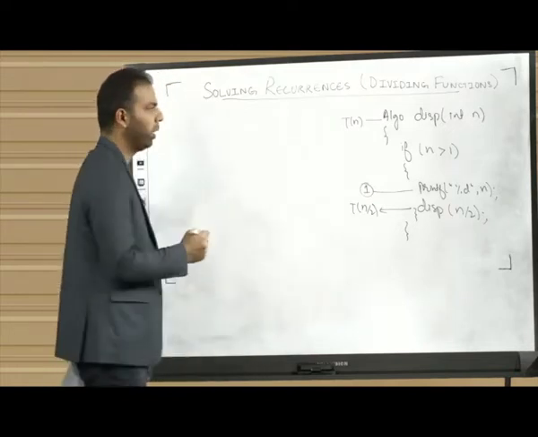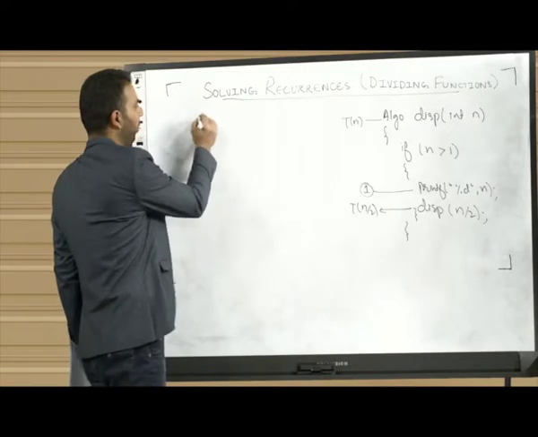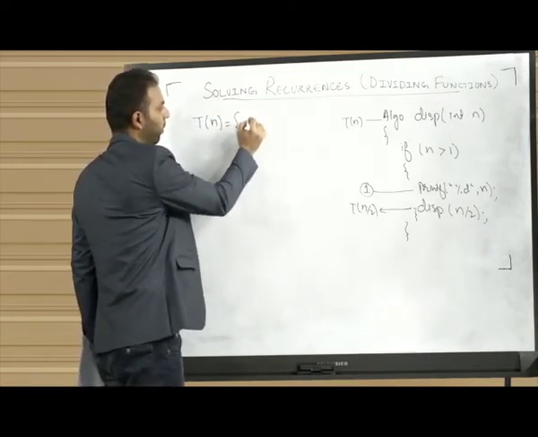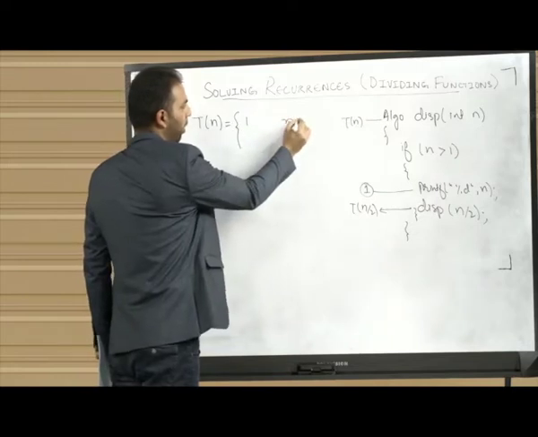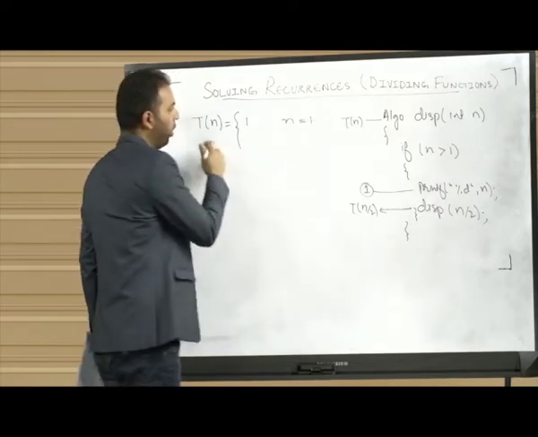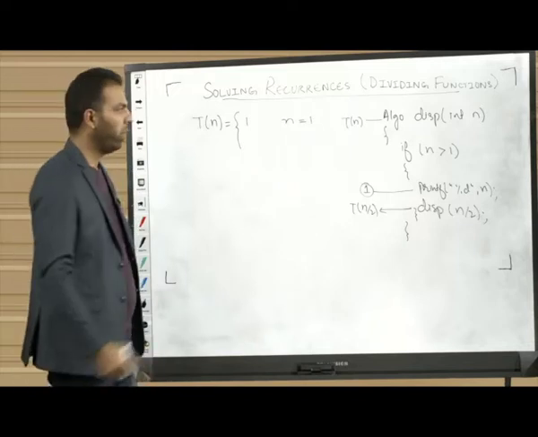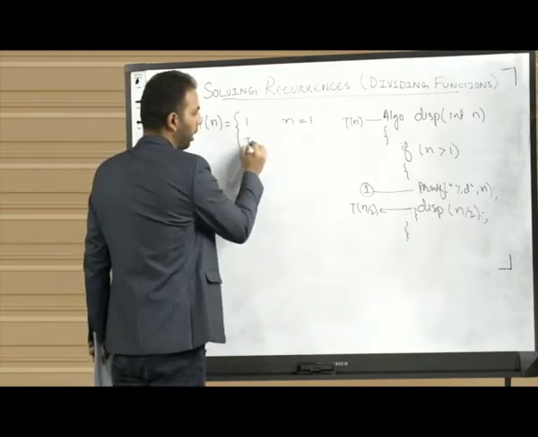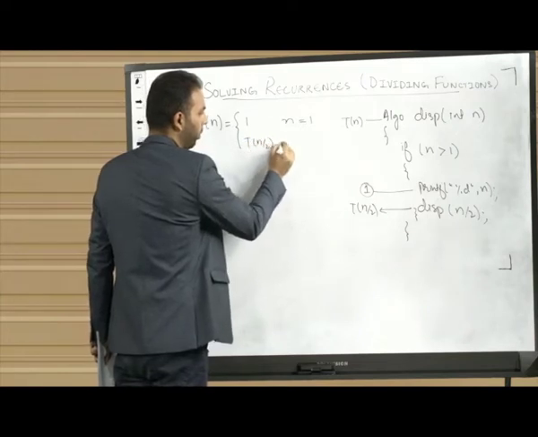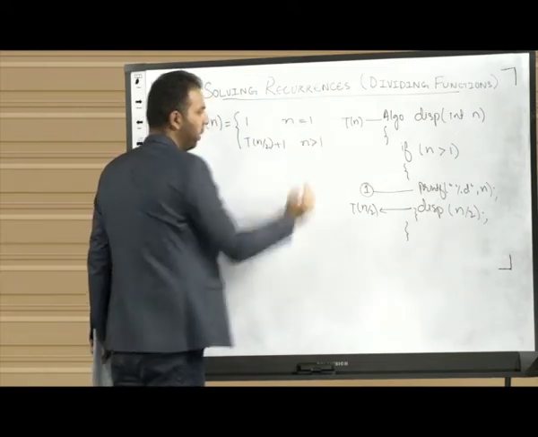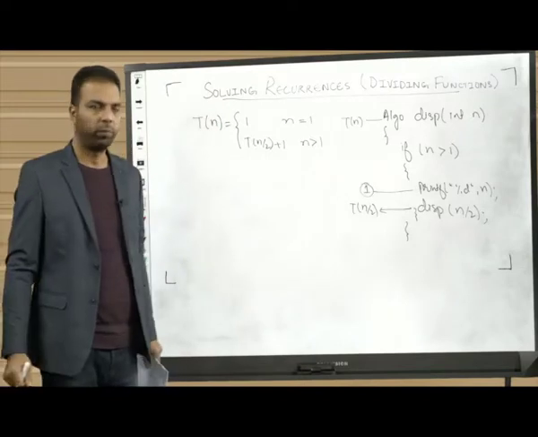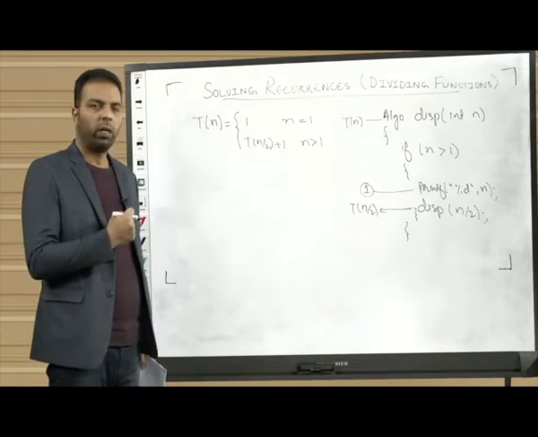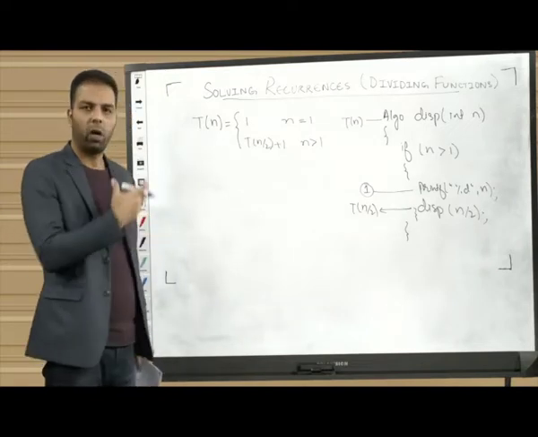So the recurrence will be of this type: T(n) equals 1 when n is equal to 1, and T(n) equals T(n/2) plus 1 when n is greater than 1. First we will see how to solve this recurrence using the recursion tree.